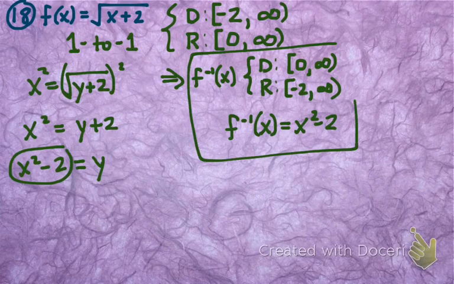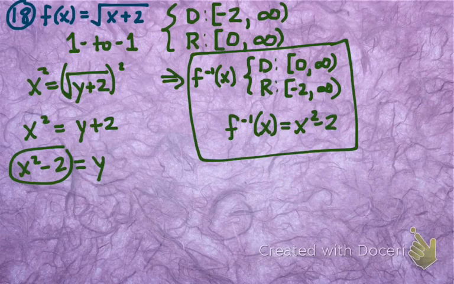And this is where you probably need to pause and think about this, okay? After you hear me out, of course. All right, we just found an inverse that is x squared minus 2, which in our minds is an entire parabola. But because we wanted to define an inverse function that is one-to-one with our original function, we have to abide by the domain and range of this restriction that came from the original problem.